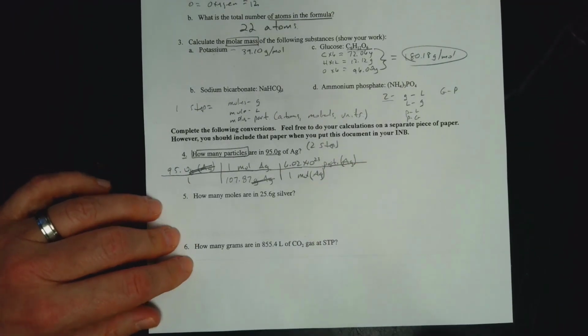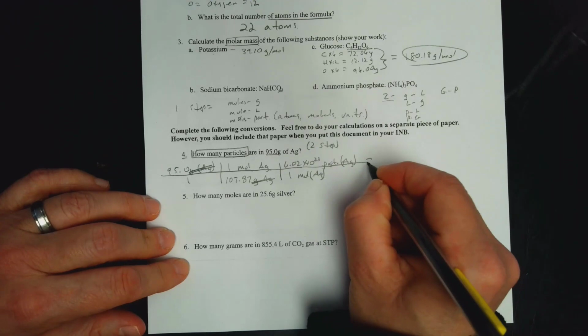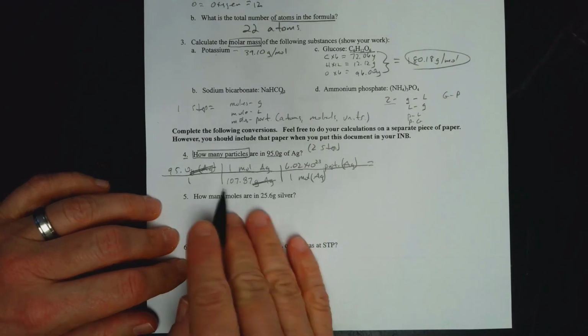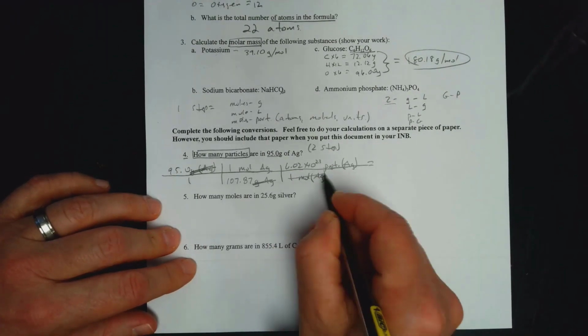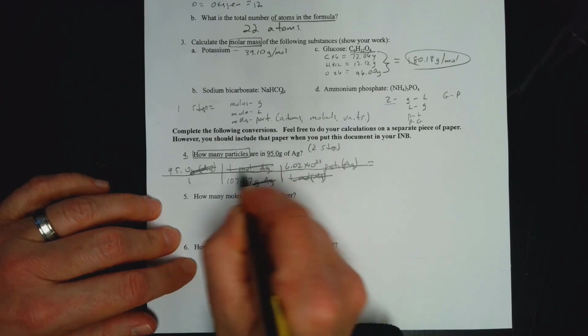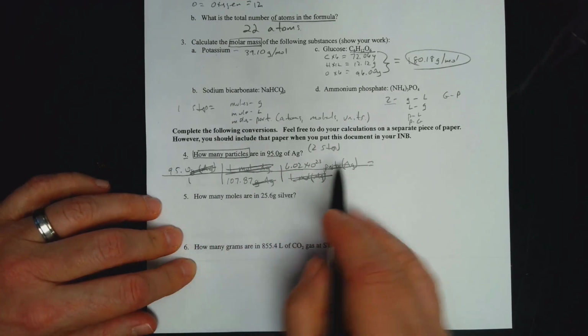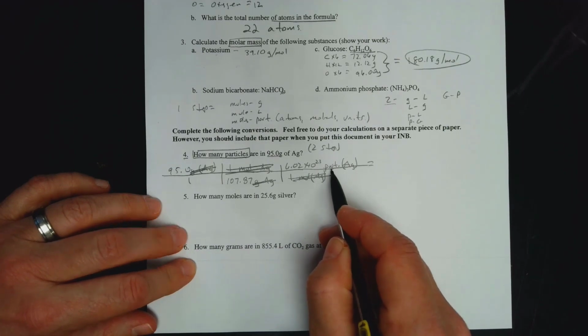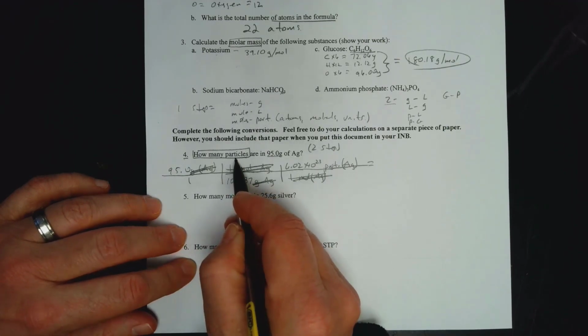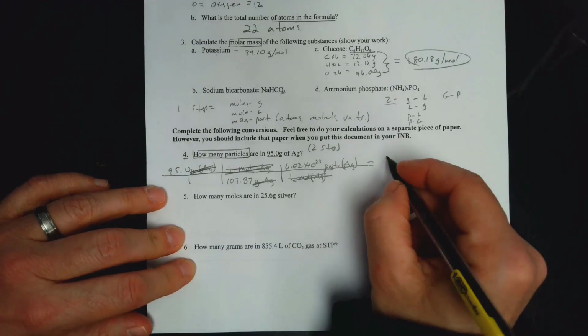Not very tidy. Sorry. So now that I have my problem set up, I'm going to cancel out my 1 mole of silver here and my 1 mole of silver here. And if I look, the only unit I have left is particles, which is awesome because that is the unit I want to end up with. So now let's go ahead and set up our math.